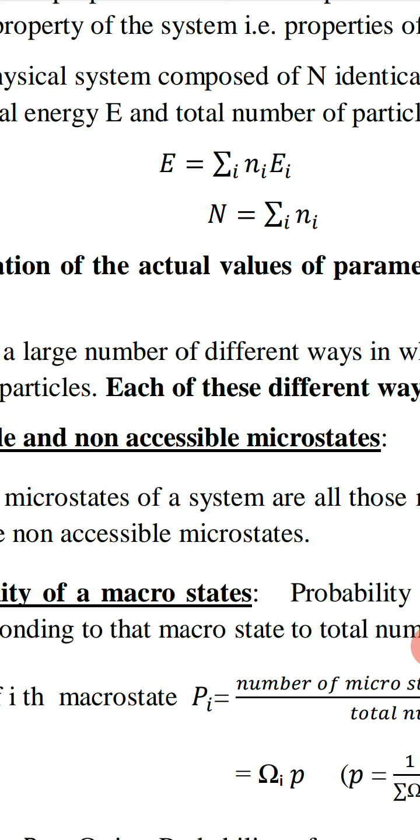So total energy E will be equal to N1E1 plus N2E2 plus N3E3 and so on, and it is written as summation NiEi, summation over i. Similarly, total number of particles N will be equal to N1 plus N2 plus N3 and so on, and we write it as summation Ni, summation over i.